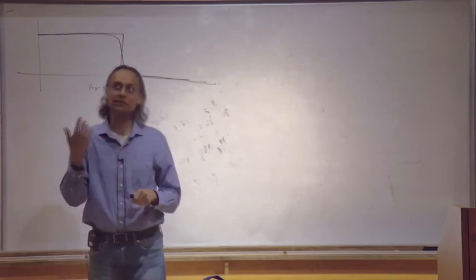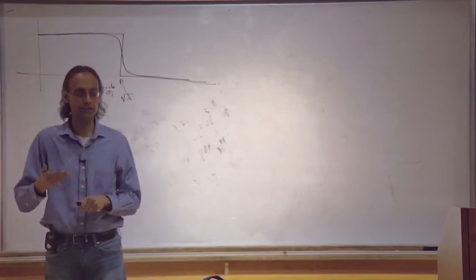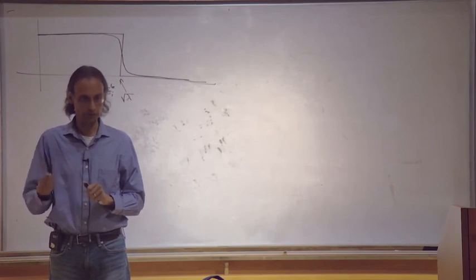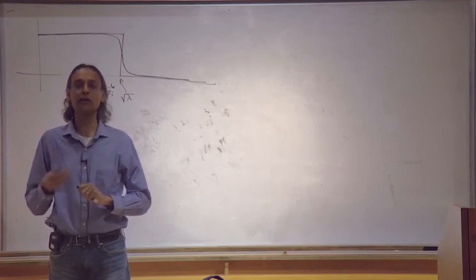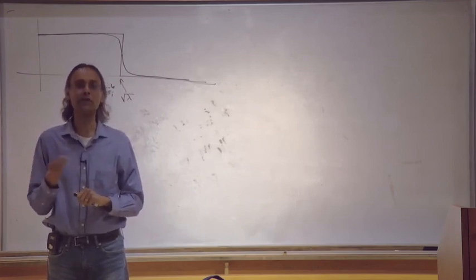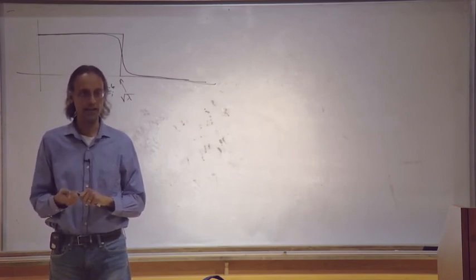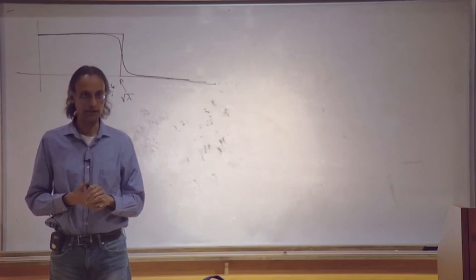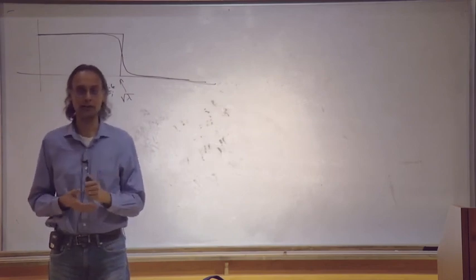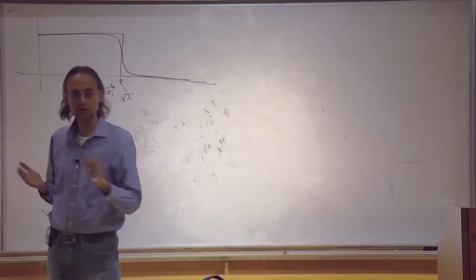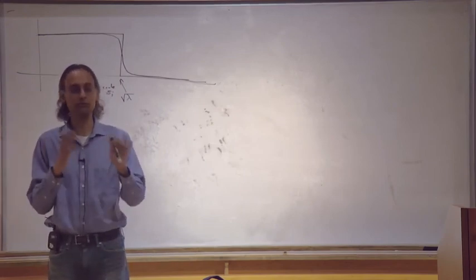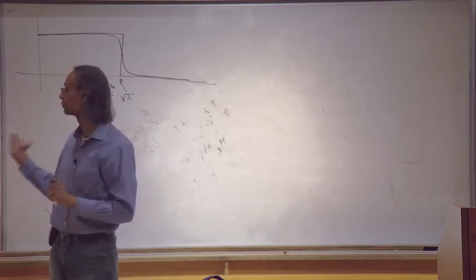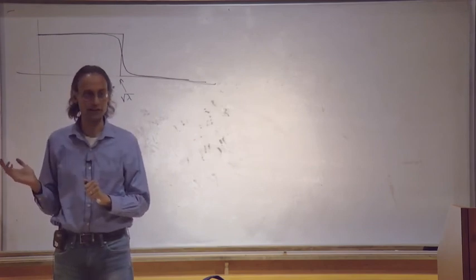One hopes and believes that there should be parallel stories that occur for other norms. 1 norm has some other interesting things, and 0 norm has other interesting things that it does that aren't captured by what's happening in 2 norm. It is people's belief that if you look at some other norms, similar type stories should be happening, but we don't fully understand that, and it certainly wouldn't be as easy to understand and describe as here.